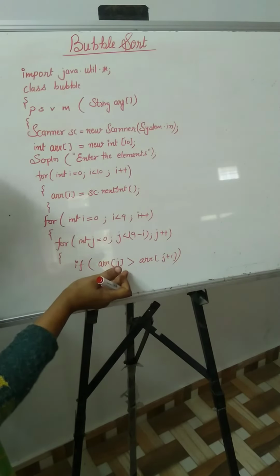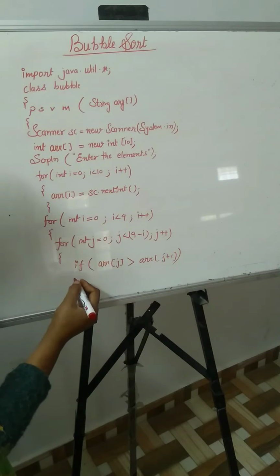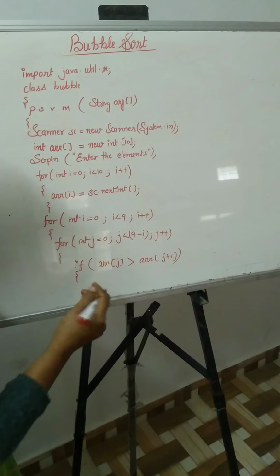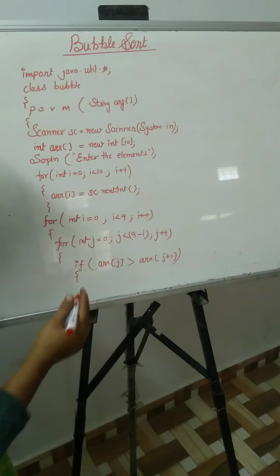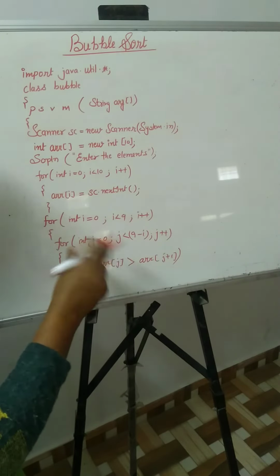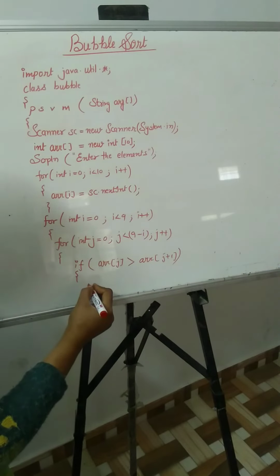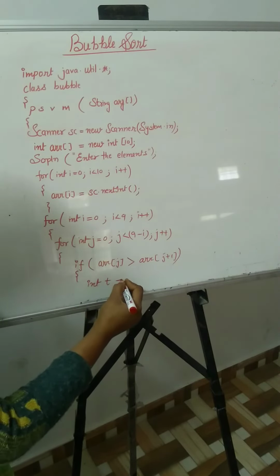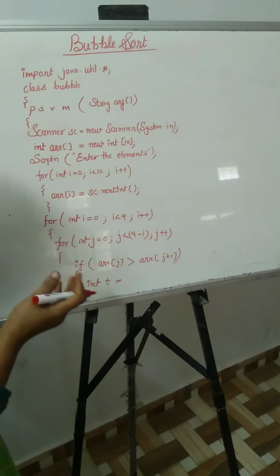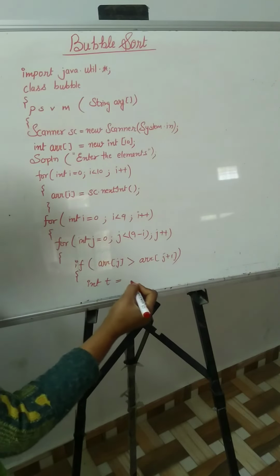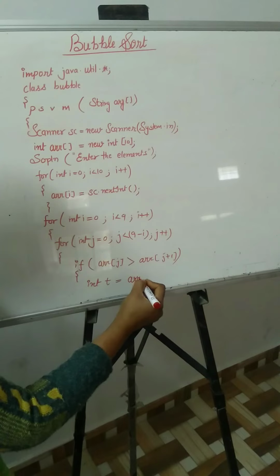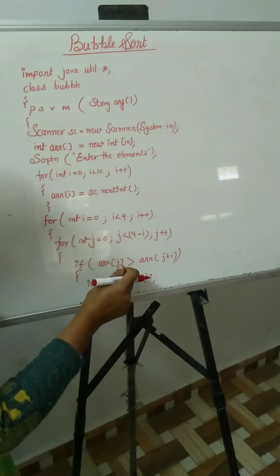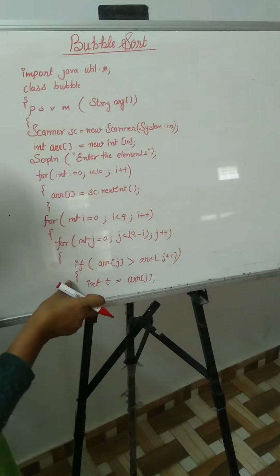If this condition is true, then what do we do? We take another variable and simply swap the values. Here we take one more variable, suppose t, a temporary variable. t is equals to array of j. If this condition is true, then this task will perform.